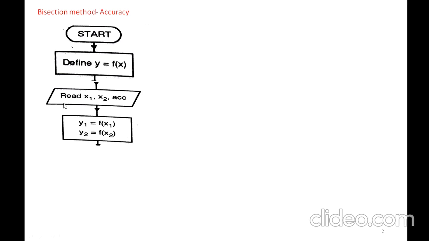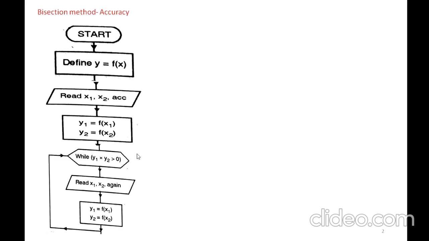Then x1, x2 and accuracy, these are the three inputs which are required for solving the bisection method problem with the help of accuracy criteria. Then we will find y1 as a function of x1, y2 as a function of x2. y1 is equal to f of x1, y2 is equal to f of x2.